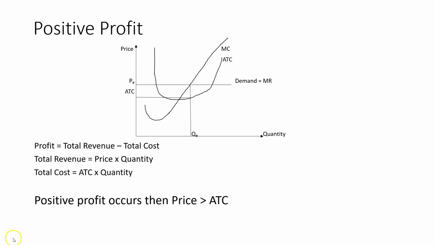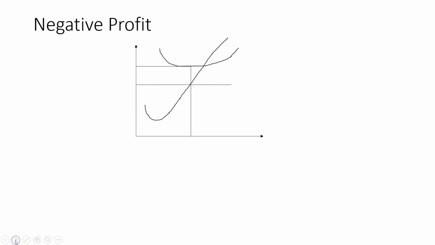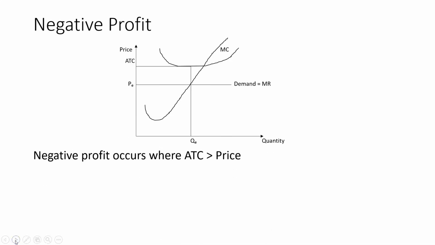Now, how would we show a negative profit? Well, negative profit would occur if just the opposite happened. Again, do profit maximization, look at equilibrium, but now look at the difference here. Average total cost, which would be the total cost, this large rectangle here, is larger than total revenue, which would be this rectangle here.